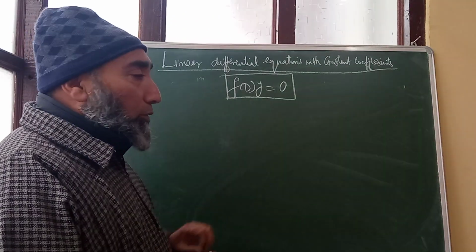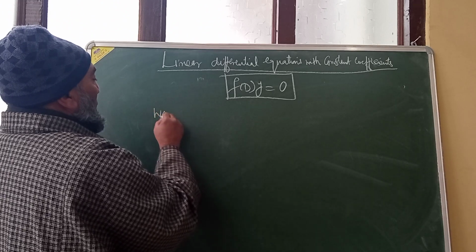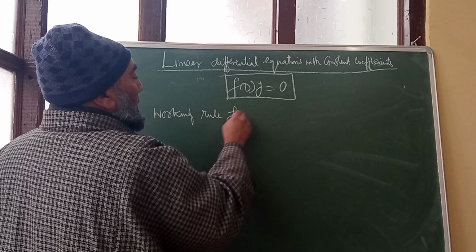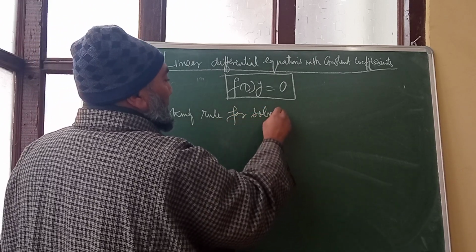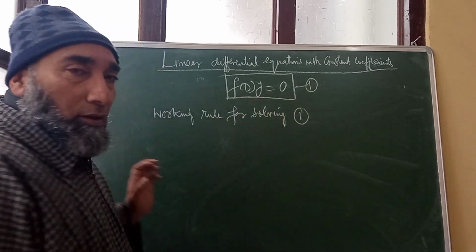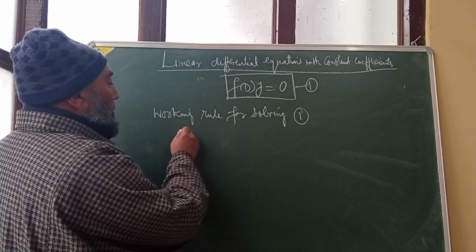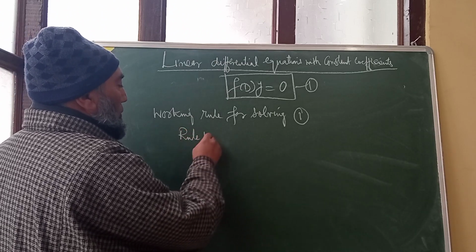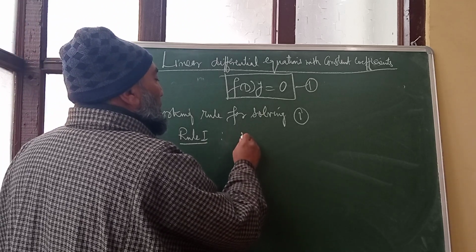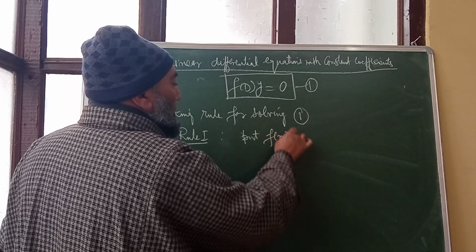I will try to write the working rule for solving a linear differential equation with constant coefficient. What is the rule? Number 1, put f(m) equal to 0.